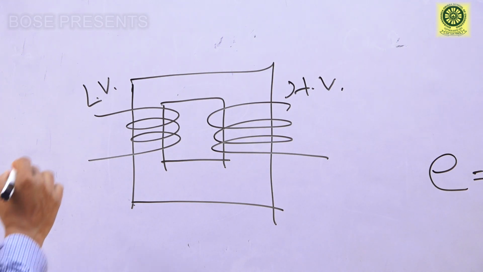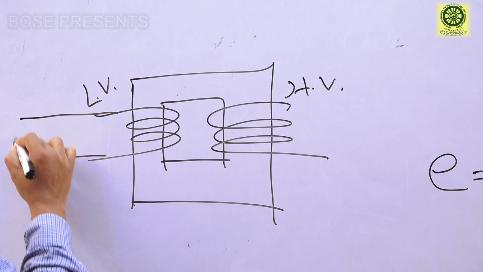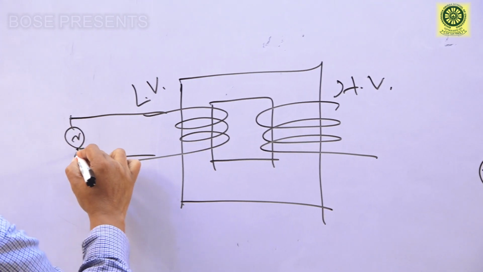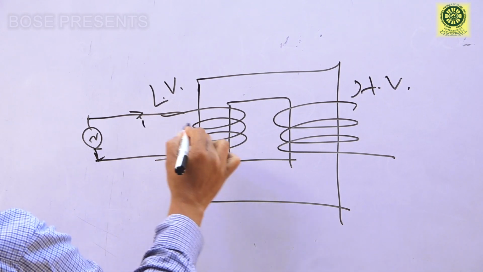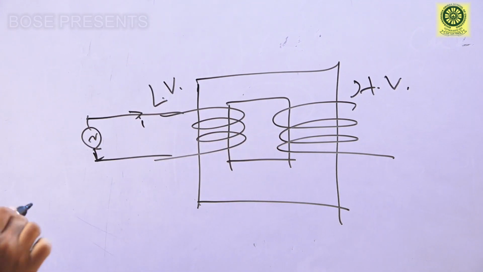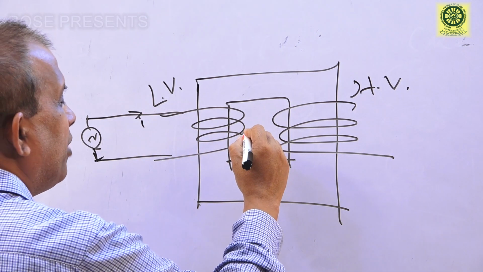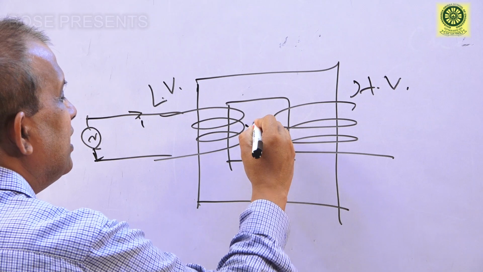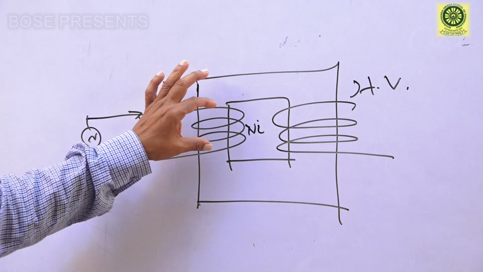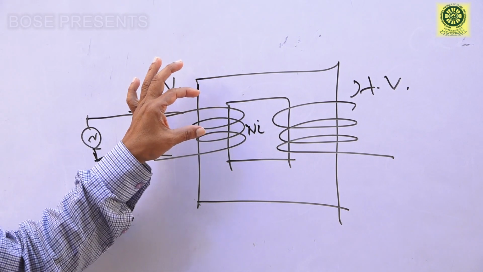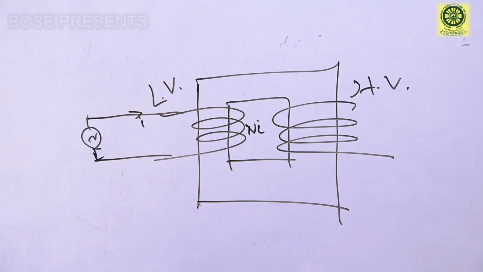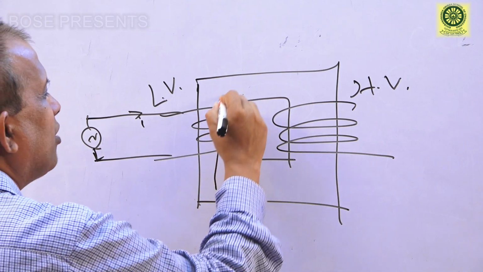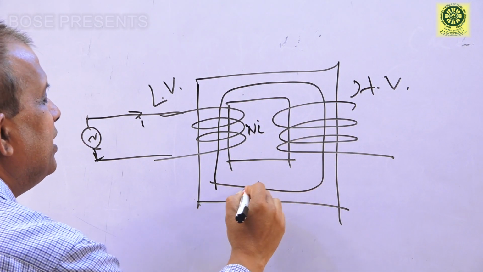Whenever an AC supply is given here, a current flows in the input side through the coil. Suppose the number of turns is N, so the ampere turns produced in the coil is Ni. Ampere turns is the unit of magnetomotive force, and because of this it causes a magnetic flux in this particular path.